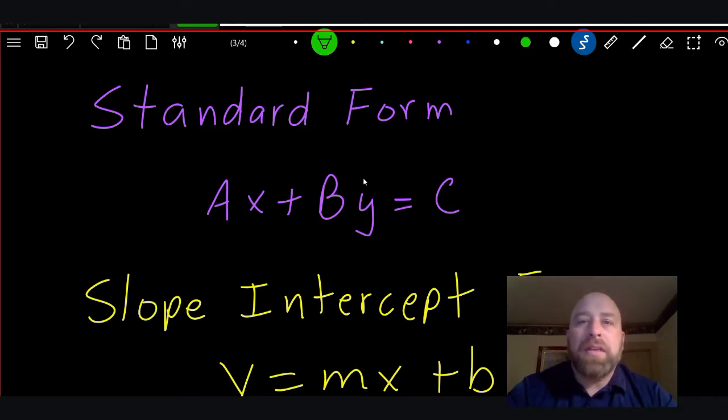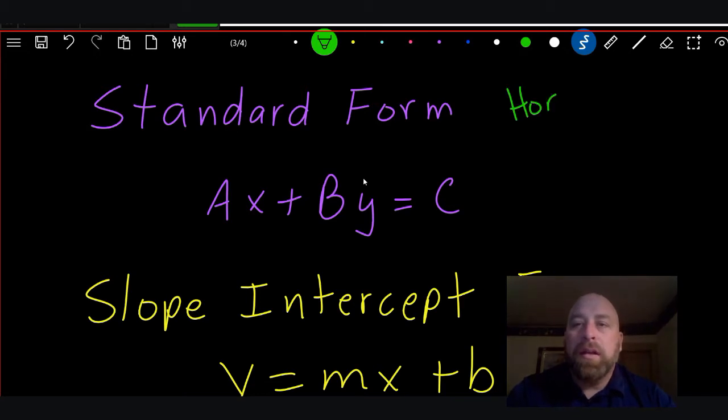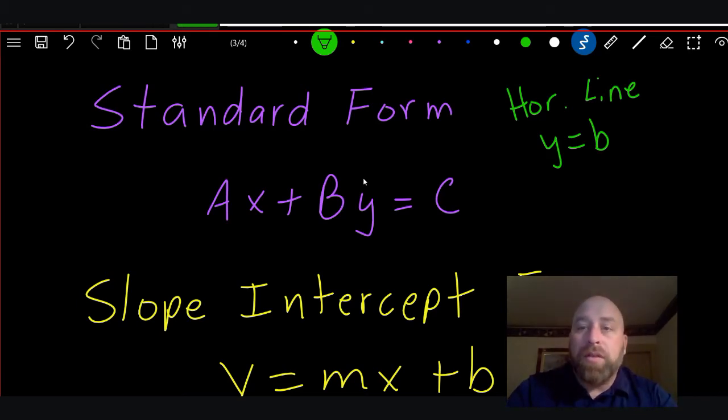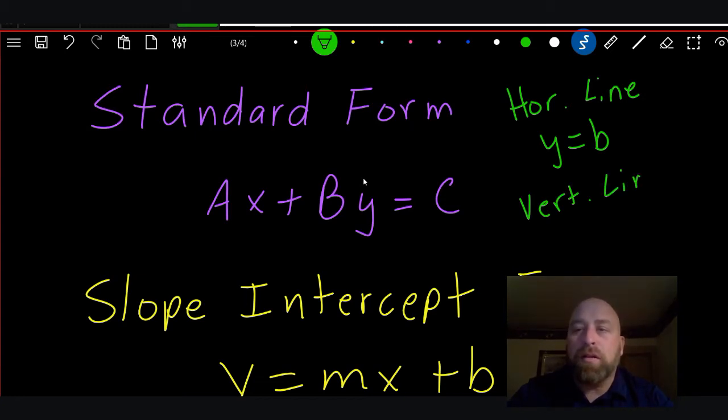So again, if you're looking at that chart there in your book, it says that the horizontal line in standard form looks like y equals b. In other words, the x goes away, the x is equal to 0. And with the vertical line, the standard form looks like x equals a.